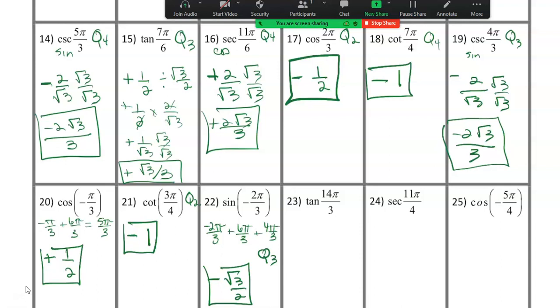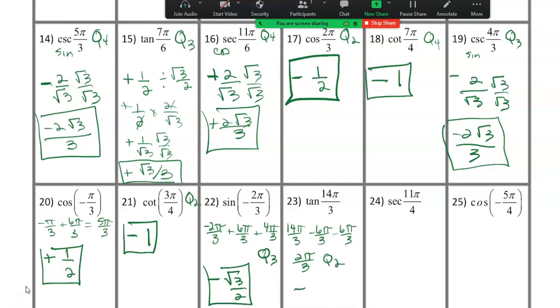Okay, tan of 14 pi over 3. That's too big a number, so 14 pi over 3 minus 6 pi over 3, that gives me 8 pi over 3. I'm going to do it again, minus 6 pi over 3, which gives me 2 pi over 3. That puts that value in quadrant 2. Tan is negative there.